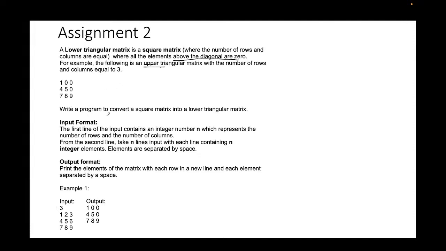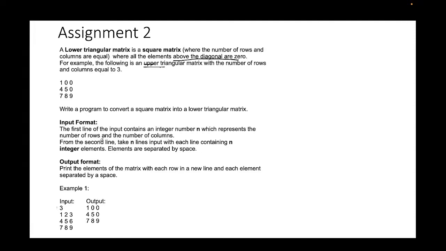Our objective is to write a program to convert any given square matrix into a lower triangular matrix. The input format is such that the first line of the input contains an integer n, which represents the number of rows and the number of columns. Since it's a square matrix, you can define just one index.